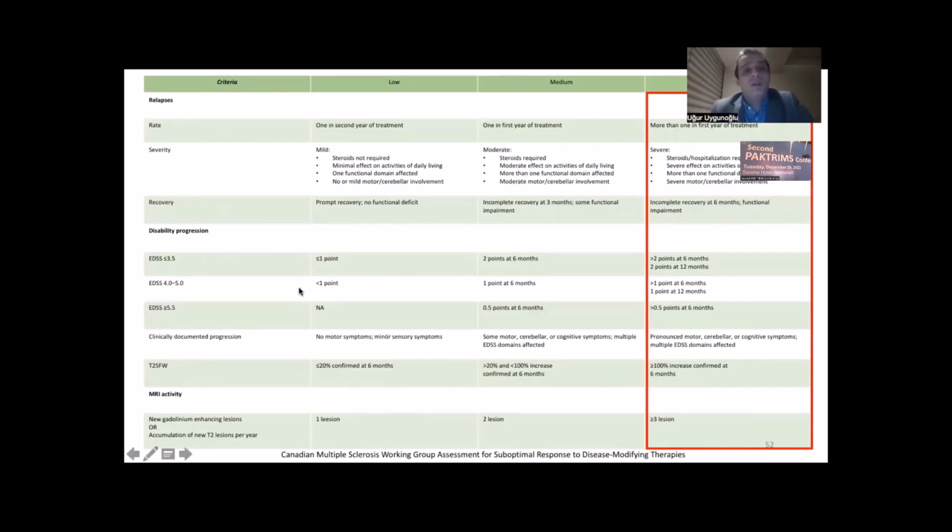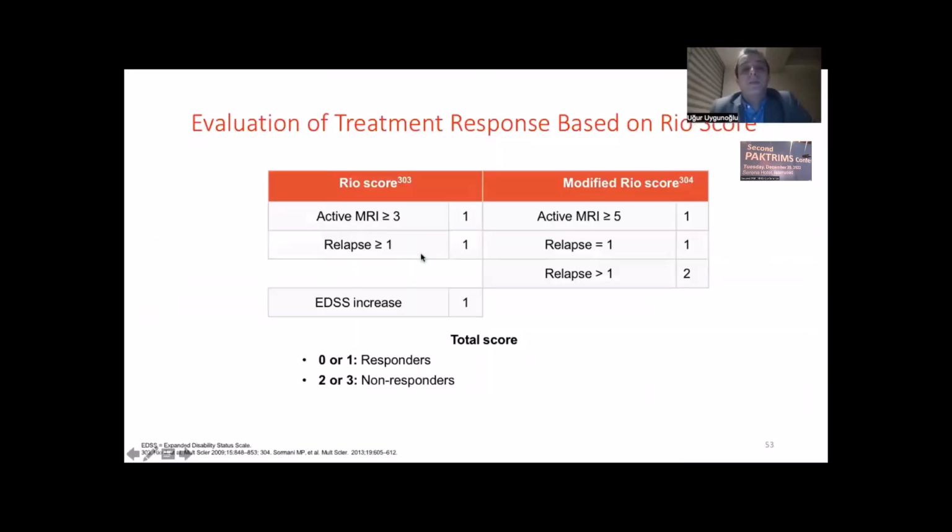On the disability progression part, more than 2 points at 6 months if the EDSS is below 3.5, more than 1 point at 6 months if the EDSS is between 4 and 5, and if the EDSS is larger than 5.5, 0.5 points at 6 months will be accepted as highly active MS.